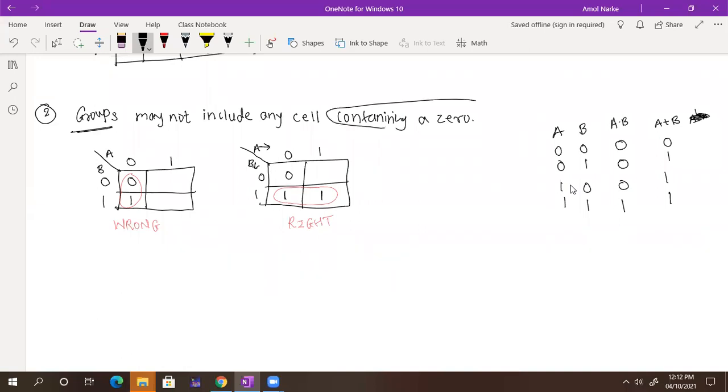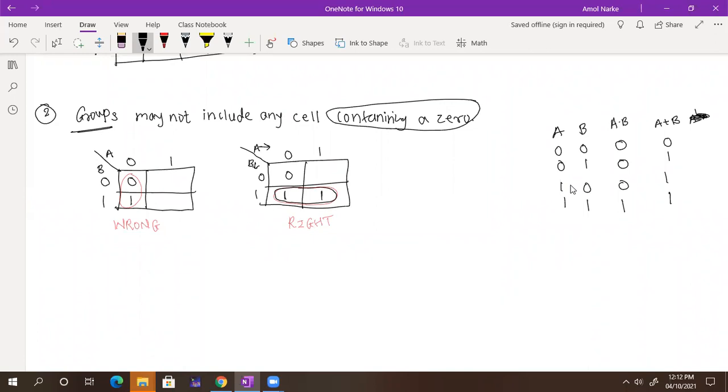So you need to make a group where a 0 cell is not there. For two variables, you just make a group like that. This 2 is right, this 2 is right, because 1 1 is there and 0 is not involved. This is my group.